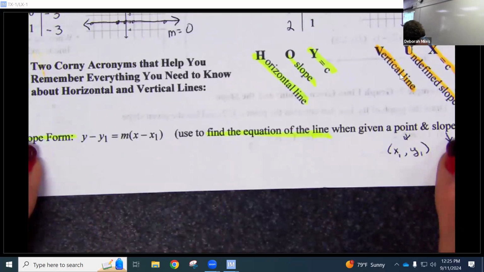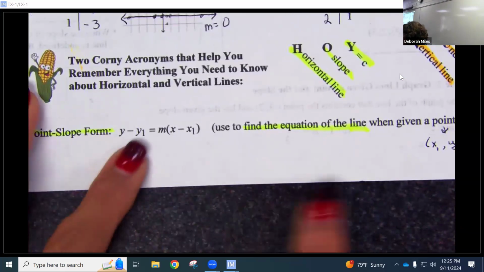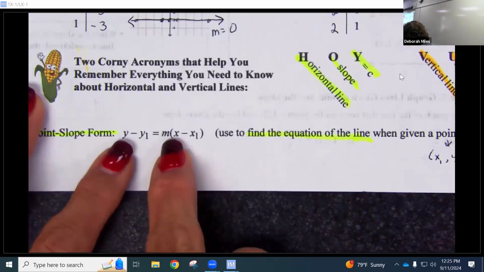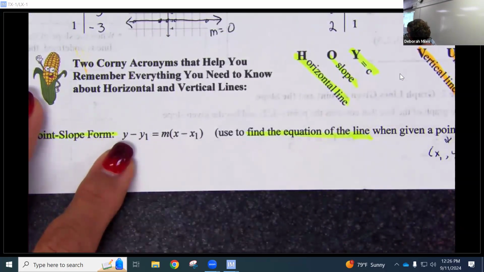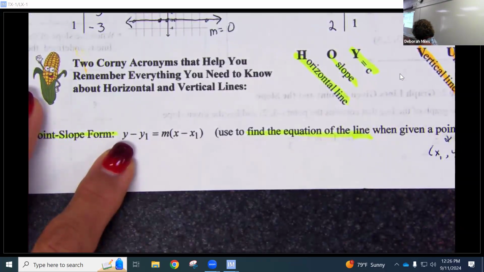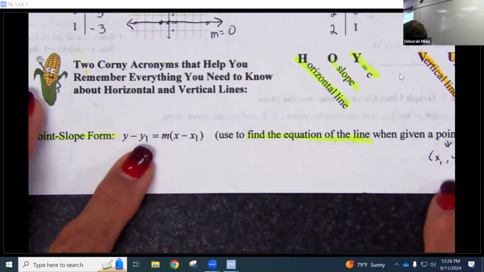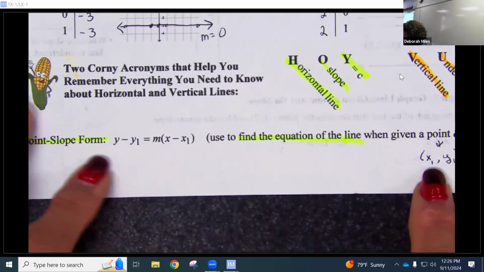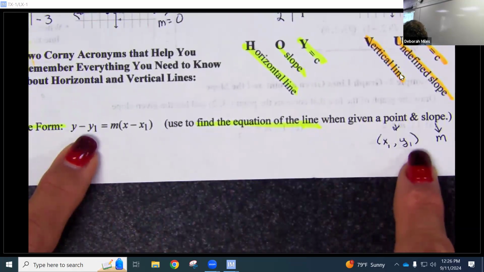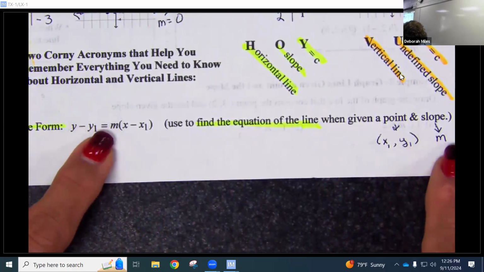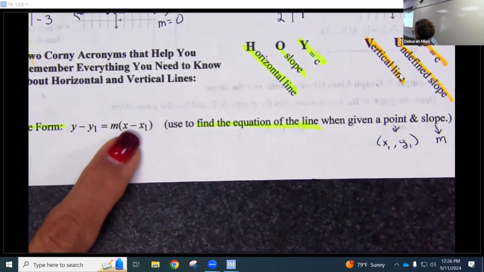Given a point, you give it a slope. You plug that into this formula, the X and Y without subscripts, they're the X and Y that stay in the equation. They end up being your X and Y in the equation. The X1, Y1 is the point that I'm given. So Y minus the Y value of the point I'm given equals the slope times X minus the X value of the point that I'm given.